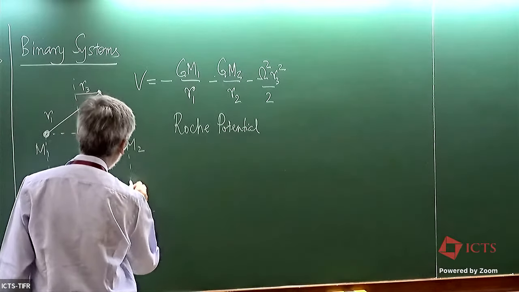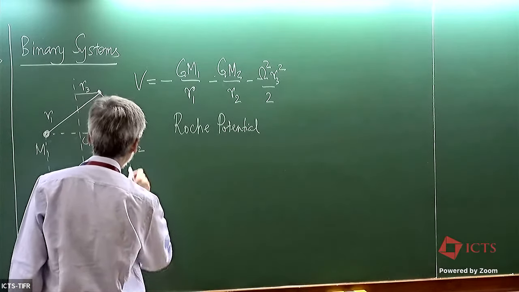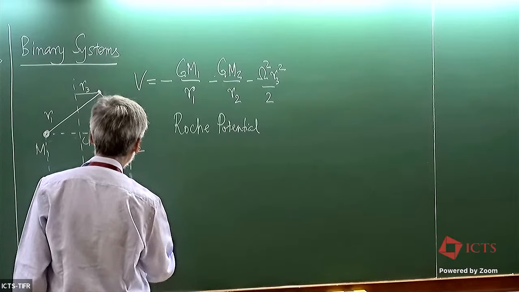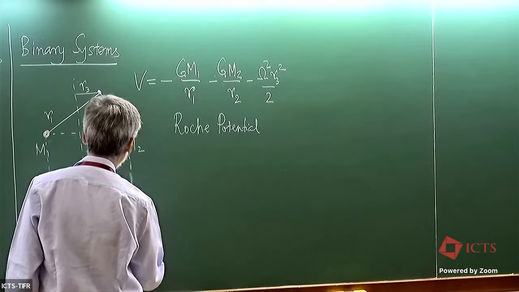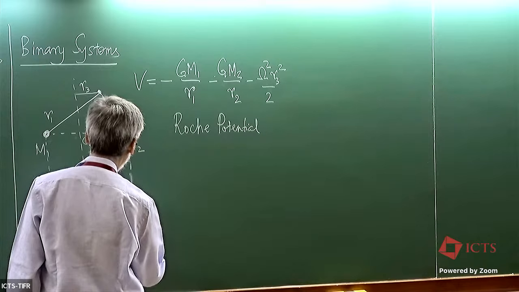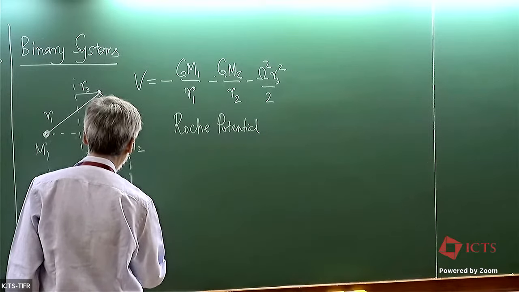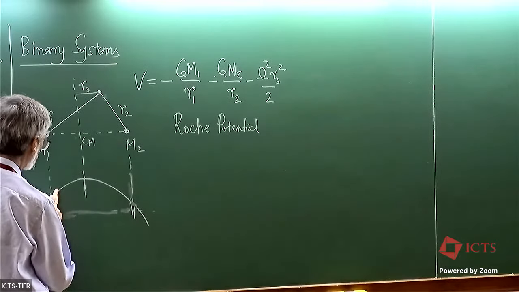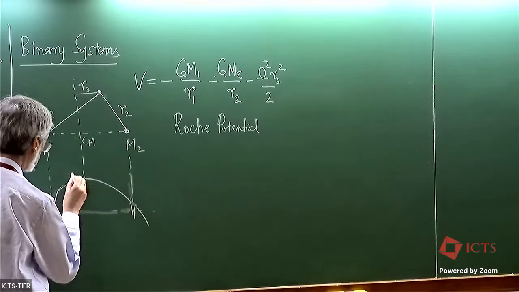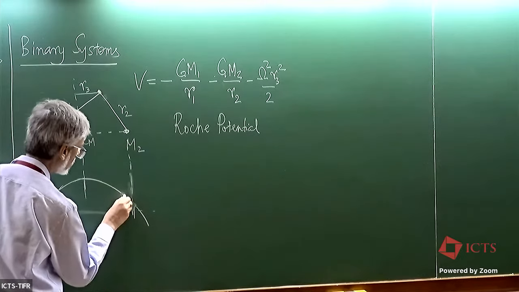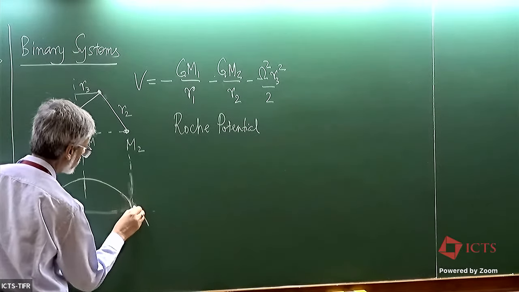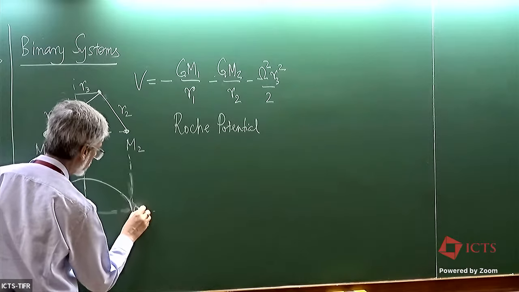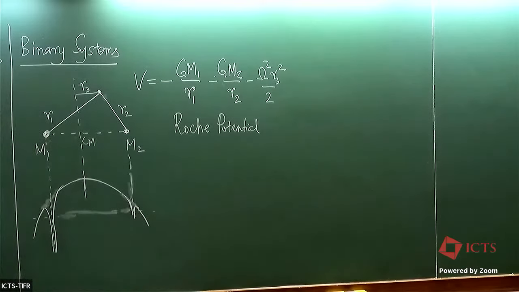And at this location, I have a smaller mass. So I have a less deep potential well over there. So I've added these three components. So I have a net potential curve like this.